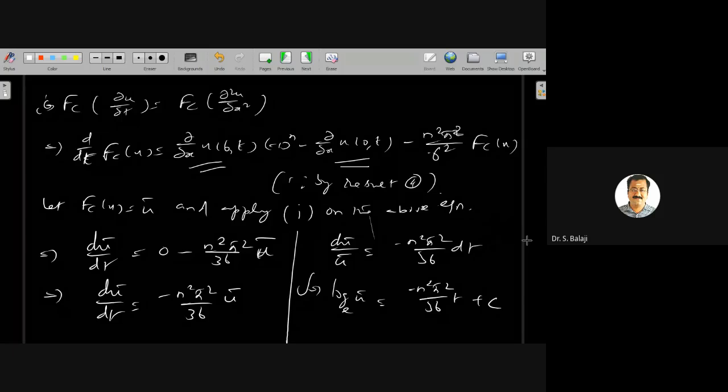Can you proceed further? Give what is u bar. Already it is displayed on the screen. You can also try.